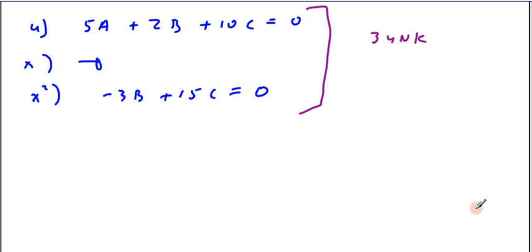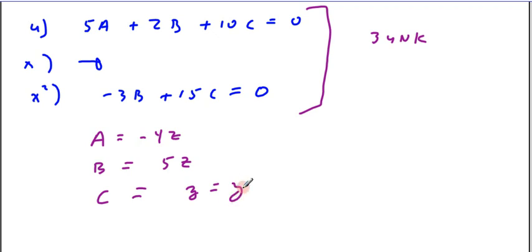So I do that, and I get that the A guy is minus 4z, and the B guy is 5z. In the C guy, I have z equals z. I'll do that again, because that's not overly clear.